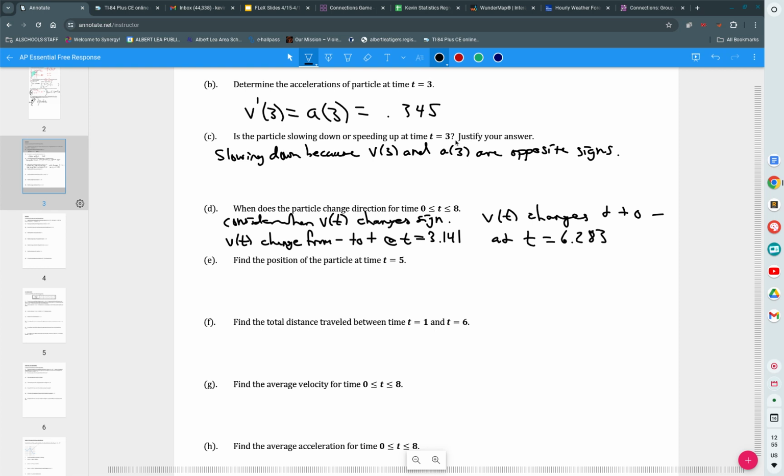Okay, find the position of the particle at time 5. I want you to just write down the expression, don't actually solve it. Go ahead, take 30 seconds, see if you could write down the expression for the position at time equals 5. Talk to the person next to you about what that looks like. Go.